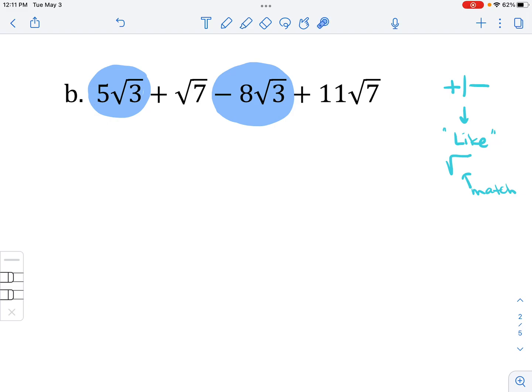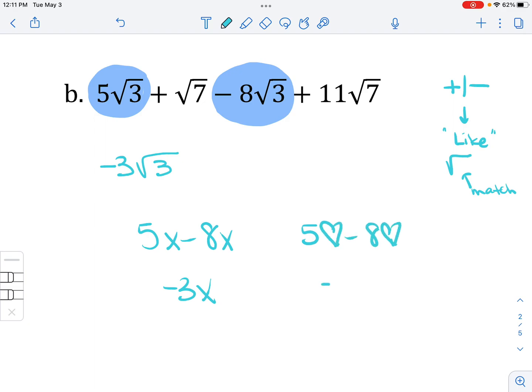So 5 minus 8 is negative 3. The radical stays exactly the same because it's just like 5x's minus 8x's, negative 3x's. Or 5 hearts minus 8 hearts will be negative 3 hearts, right? So we're just putting together the stuff that's the same, and same stuff doesn't change. What changes is the amount of them, and the amount of them is dependent on the number in front.